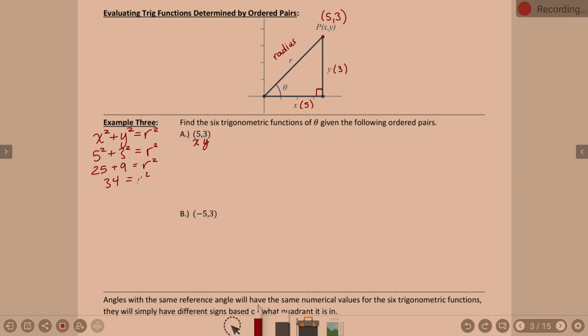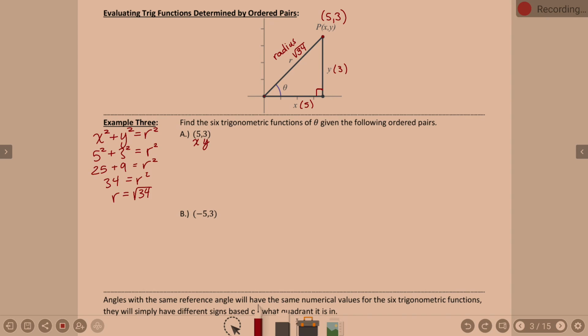What are you getting for r? 34. Yes. 25 plus 9 is 34, so r is the square root of 34.